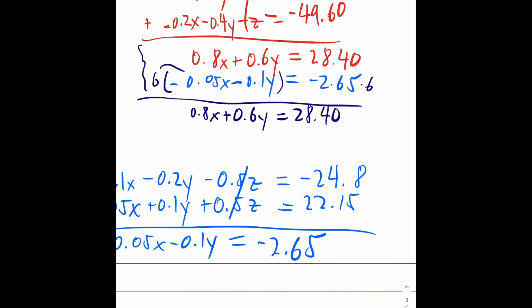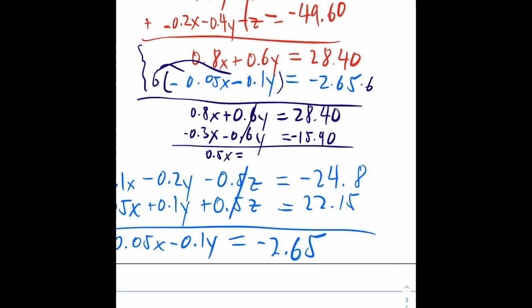So it'll give me negative 0.3x minus 0.6y equals, okay, negative 2.65 times 6 gives me negative 1590. Add them together, we get 0.5x equals, what's 2840 minus 1590.